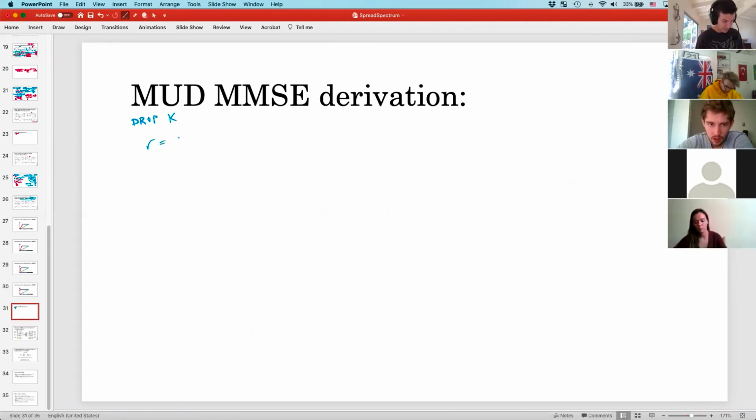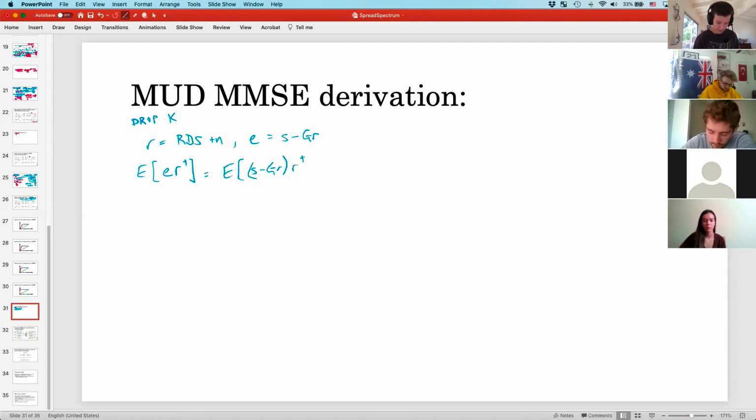So the receipt vector is again r times d times s plus the noise, which means that the mean of the error vector times the conjugate transpose of the received data is going to be the expectation of s minus gr times r conjugate transpose. Again, this is kind of like an outer product. Actually, it is an outer product.